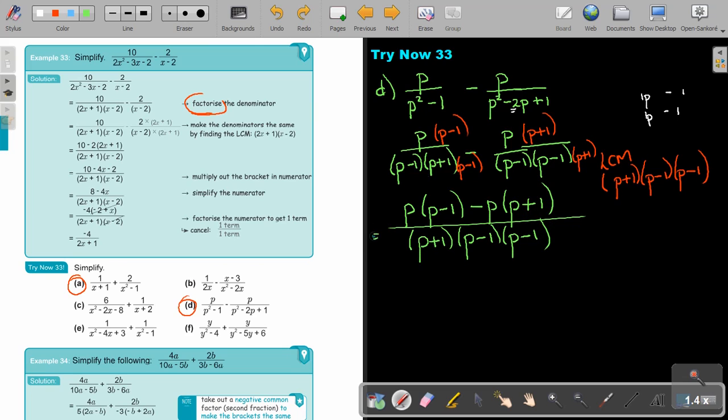And if I simply multiply it out, I will get P squared minus P squared. Be careful for the negative. Negative times a positive is negative P over P plus 1, P minus 1.